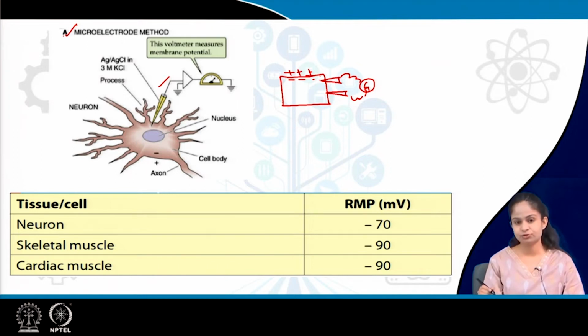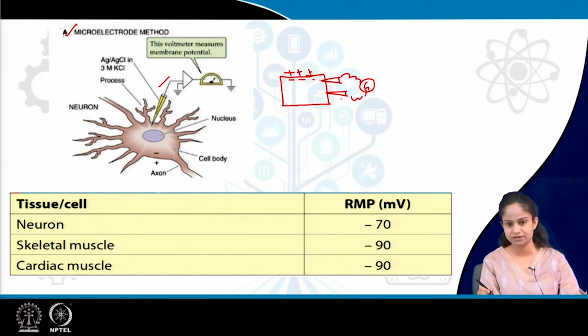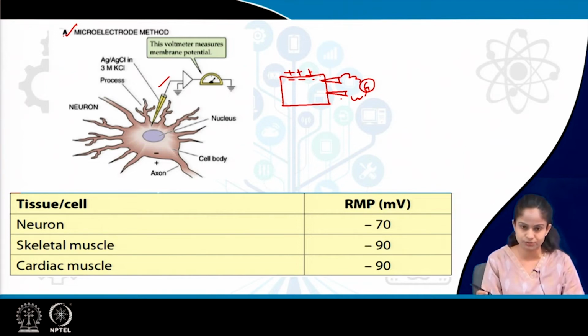Now, usually the most important question that comes around is the micro electrode diameter. What is the micro electrode tip diameter? As the name suggests, the tip will be very fine, because we want to just pierce the cell membrane, not go into the center, because the center is anyway neutral.